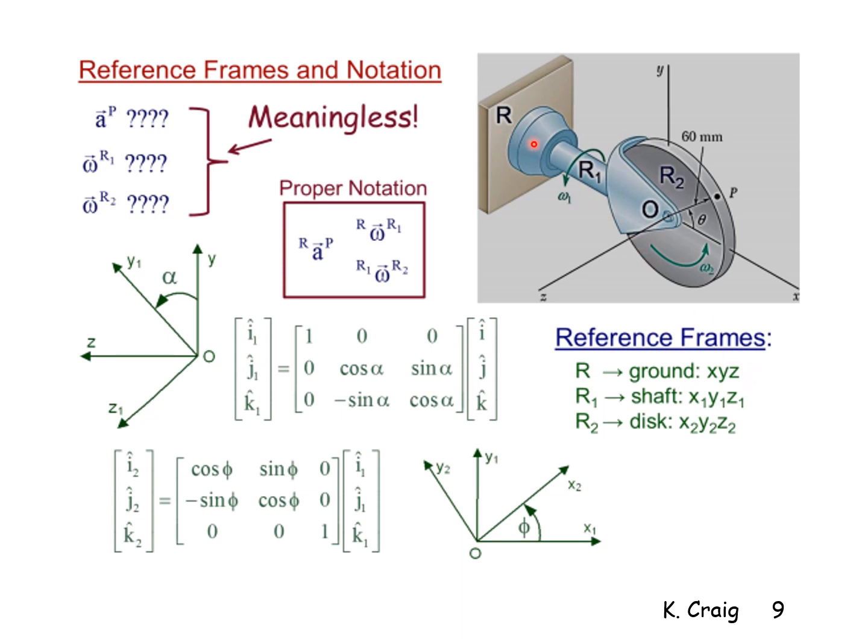To this grounded reference frame, I have a shaft here that rotates. It rotates about this axis that I show as the x-axis. So it rotates as shown with this angular velocity, which is called omega 1.